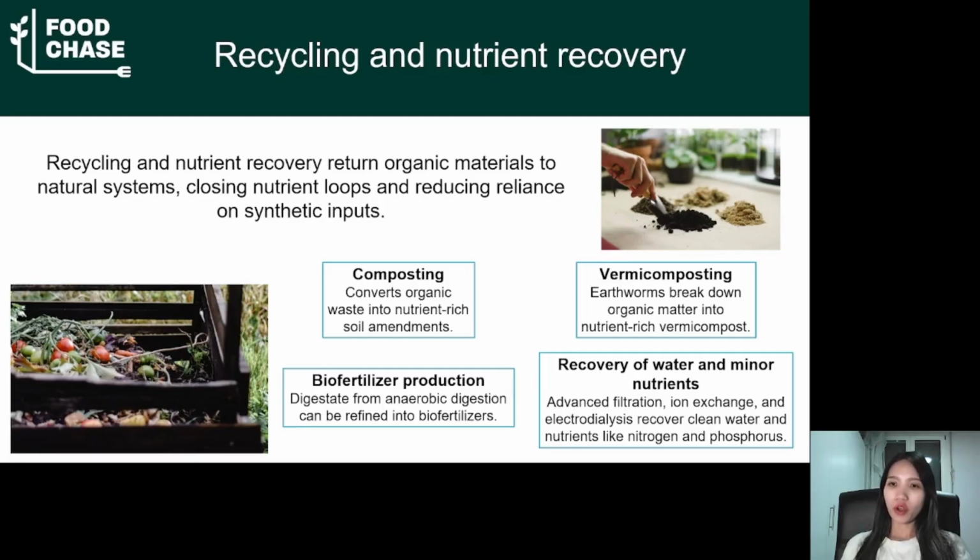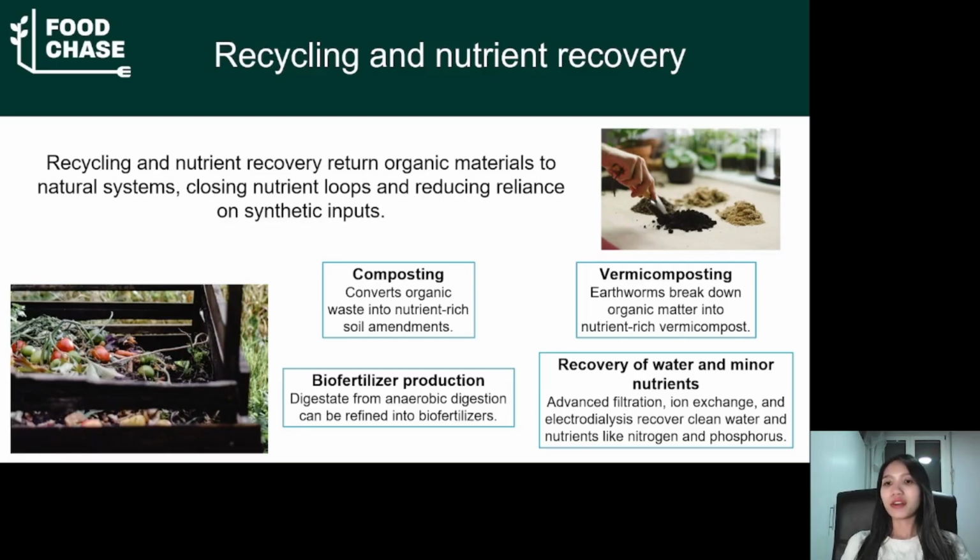Vermicomposting, this is where the earthworm digest and break down organic matter into nutrient-rich vermicompost. Biofertilizer production, in other words, is anaerobic digestion that produce both biogas and digestate that can be refined into fertilizer.